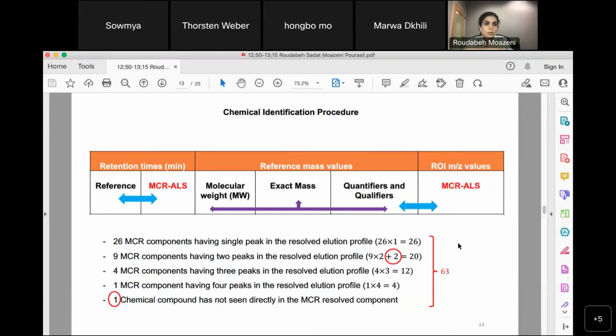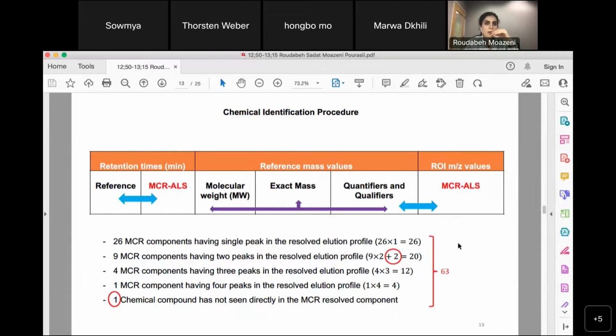We compared the MCR results with the reference values. Comparison of retention times and masses showed that overall ROI-MCR can resolve all the chemical compounds correctly.